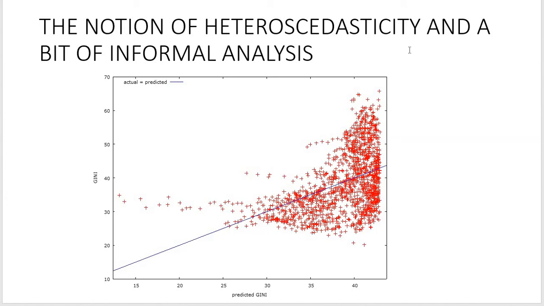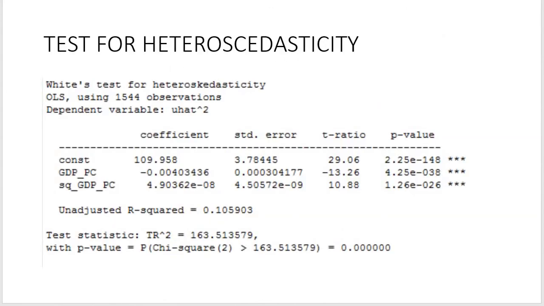So the variance, the measure of dispersion of the error term, is not constant, and it actually depends on the level of x. So luckily for you, you can analyze this formally.